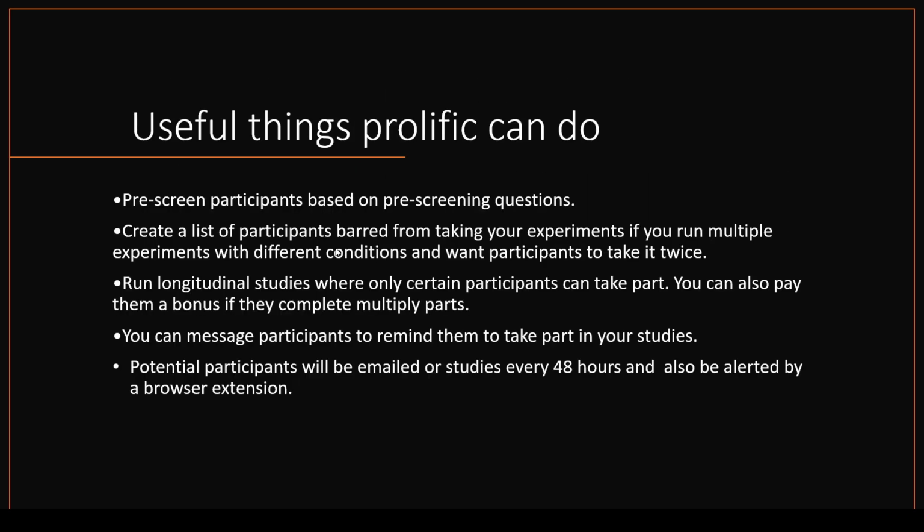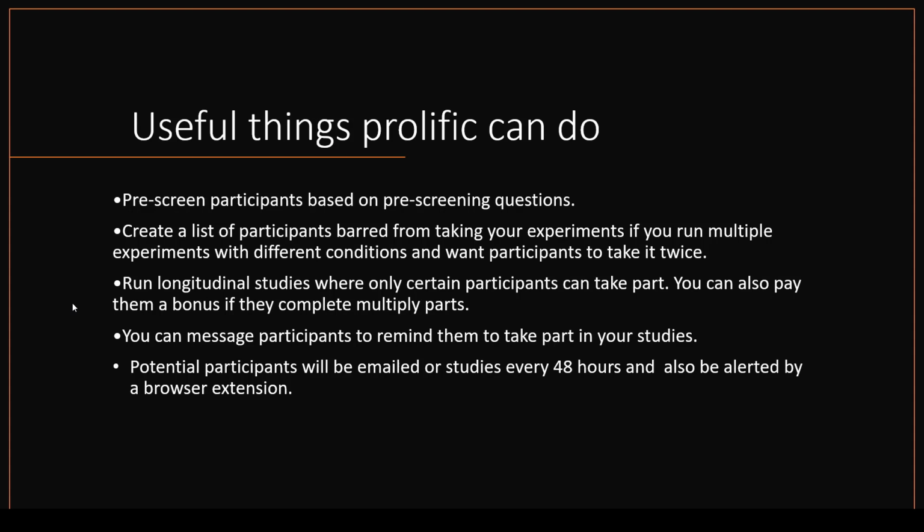A couple of other things to point out that Prolific can do. It will allow you to pre-screen the participants, which is quite useful. You can also create a list of participants barred from taking your experiment or study. So if you've run a variation of your study and you don't want people to do your study twice, you can do that. Equally, if you find that there are difficult participants, you can bar them that way.